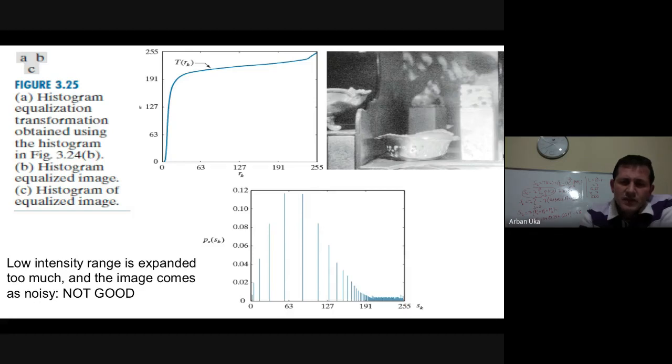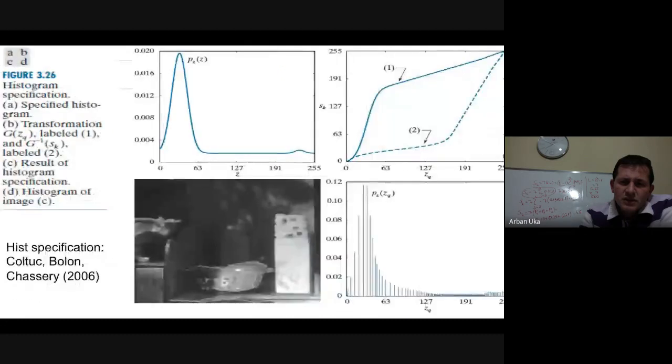So this is also a little tricky whenever we try to improve the images. Regarding this, there are several algorithms that have appeared recently in the literature, where one of them is Koltuk-Bollon-Chesery, and it is easy to find the code implementation of this specific histogram specification.